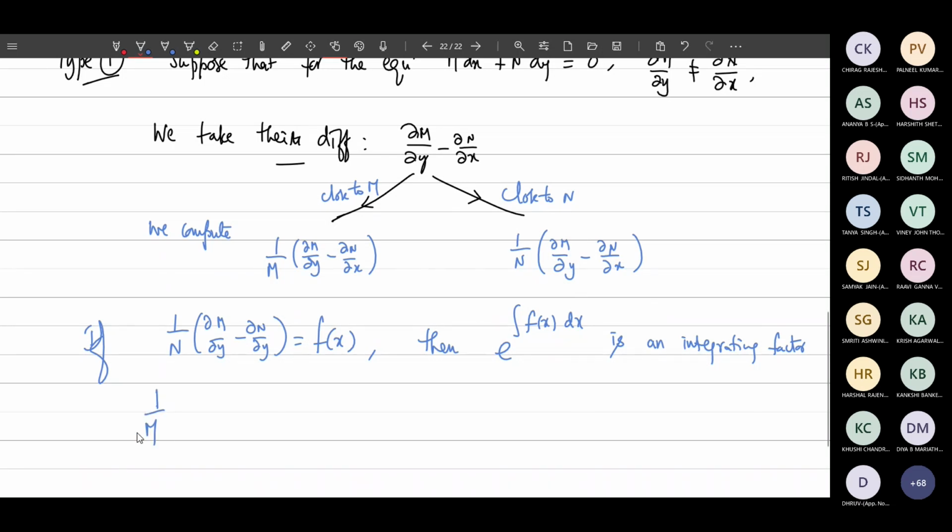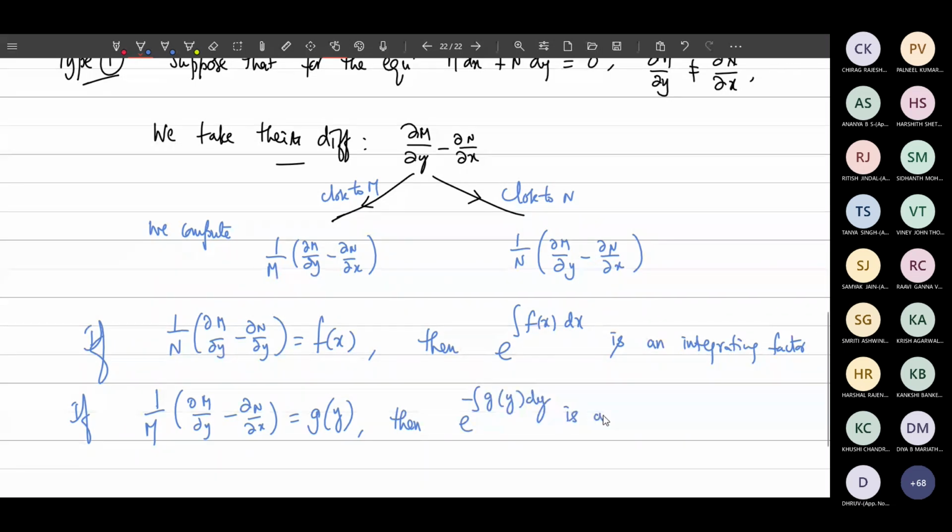If this expression 1 upon M times (∂M/∂y minus ∂N/∂x) is a function of y alone, then the integrating factor is e to the power of minus integral g(y) dy.